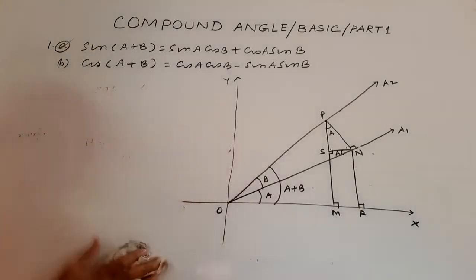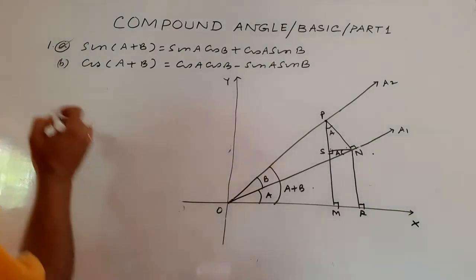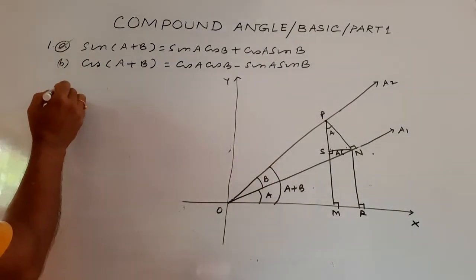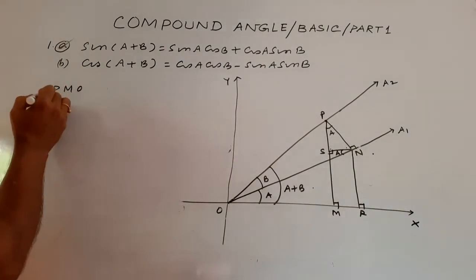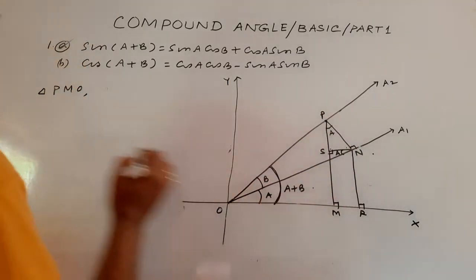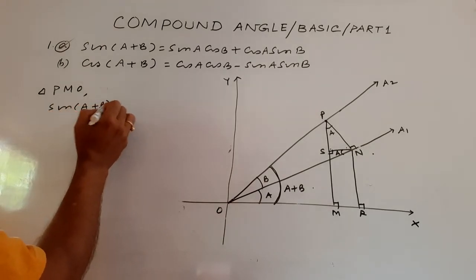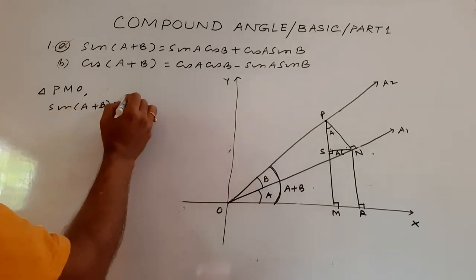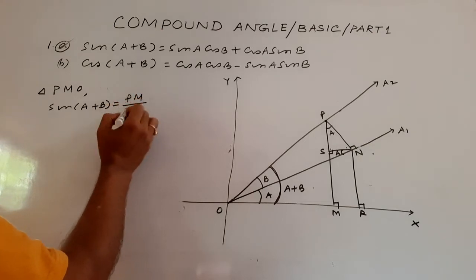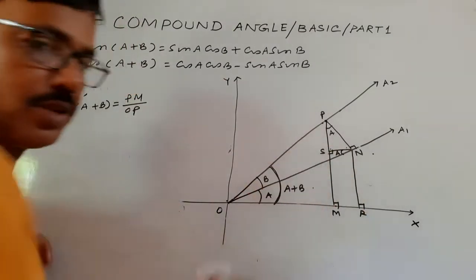Now look. From triangle PMO, this angle is A plus B. So sin A plus B equals PM by OP. This is PM, perpendicular by hypotenuse.